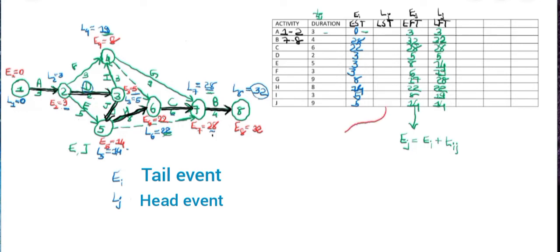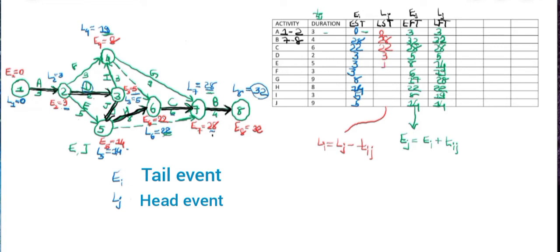Then we'll find Li, which is our latest start time, and Li will be equal to Lj minus Tij. So the column of Lj minus duration, that is 3 minus 3, it will be 0. Then 32 minus 4, that is 28. Then 28 minus 6, which is 22.